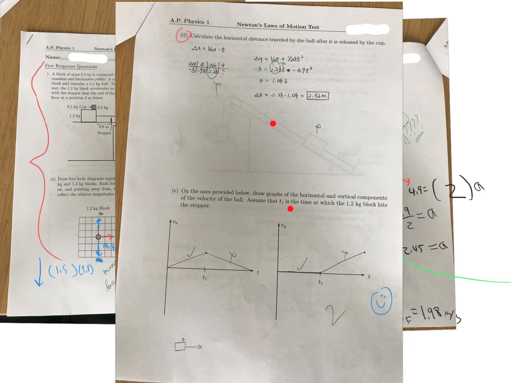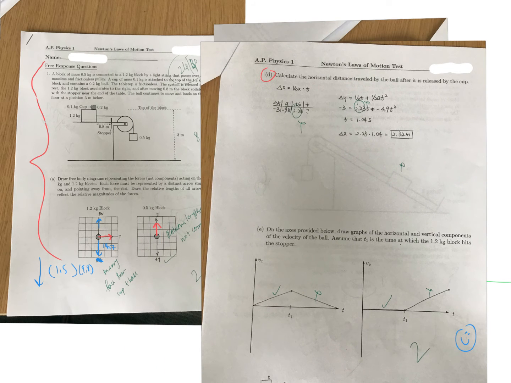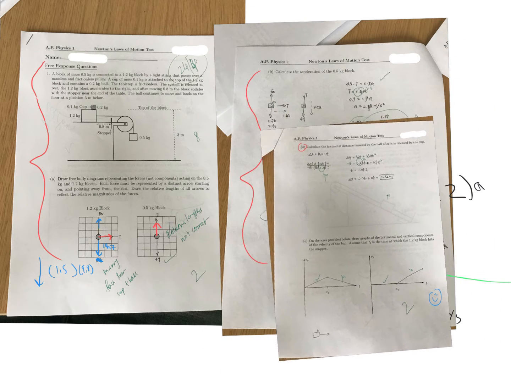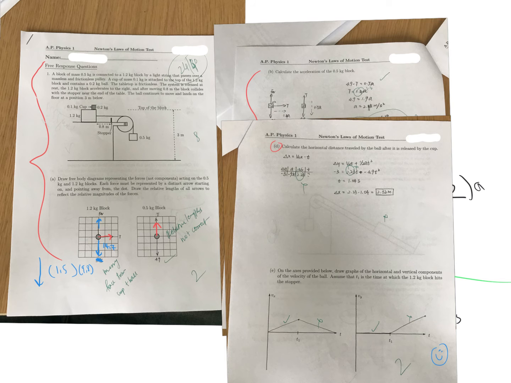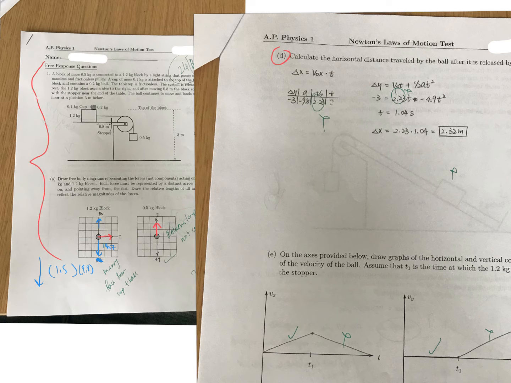Okay, so then we would bring in this other scenario. Calculate the horizontal distance traveled by the ball after it's released from the cup, the horizontal distance. Well, to be honest, I really like where my student's going with it, because my student's kind of emphasizing the fact that the distance traveled is going to be the velocity in that x direction times the amount of time, right?